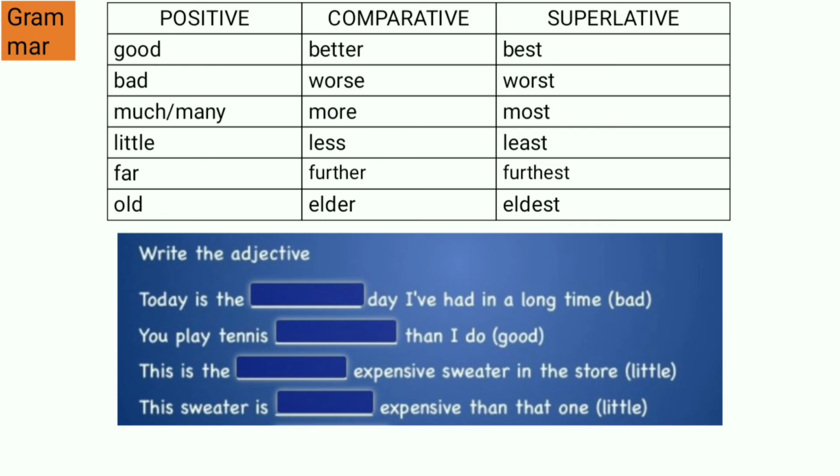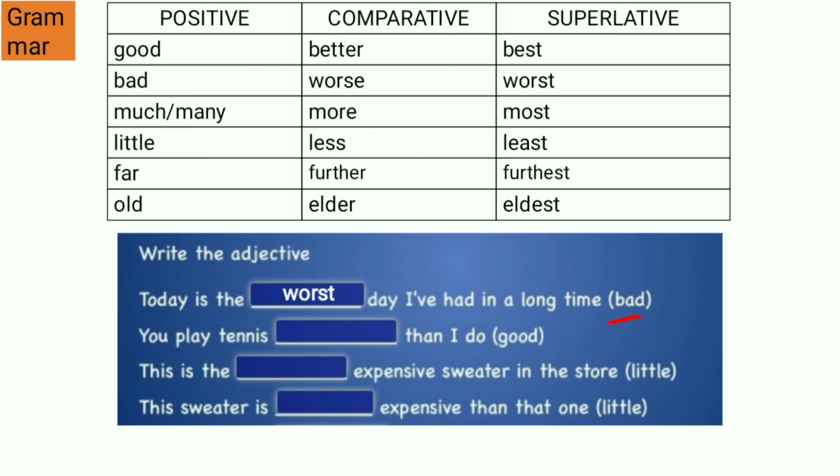If we are referring to a bad day, look at the superlative of the word bad. That becomes worst. Today is the worst day I've had in a long time.